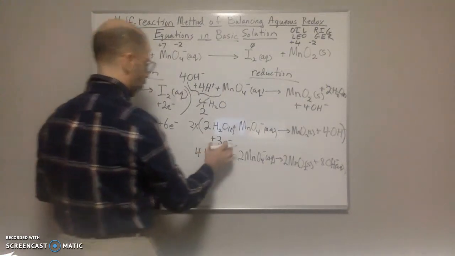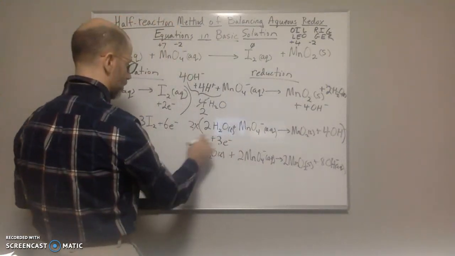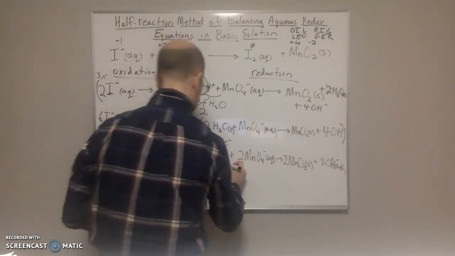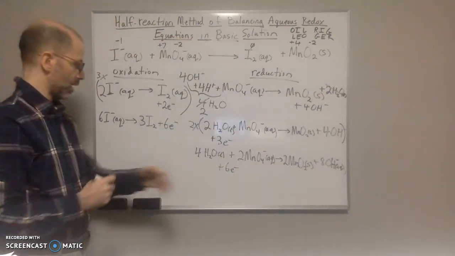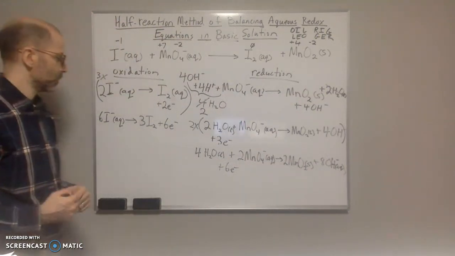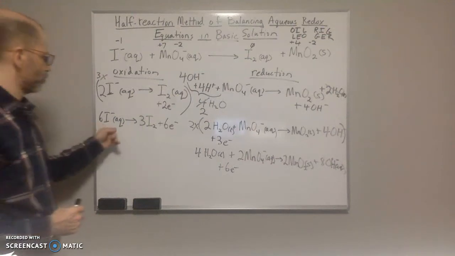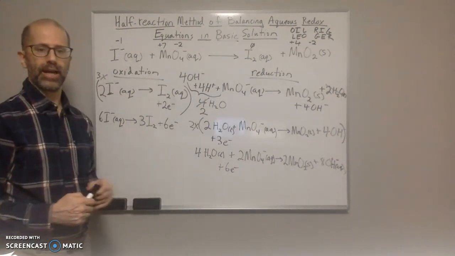And then I forgot my electrons on this side, so this will be plus 6 electrons on the reactant side. All right, so now I'm ready to add these two half reactions back together.